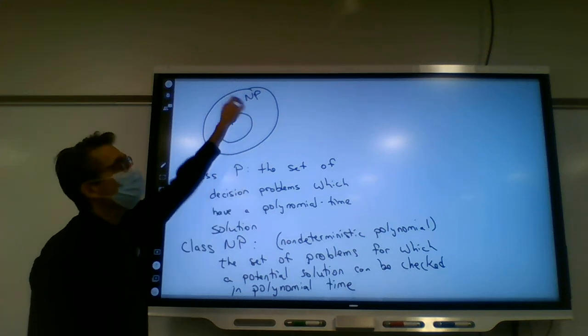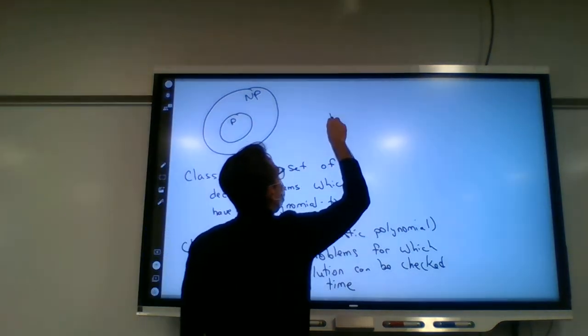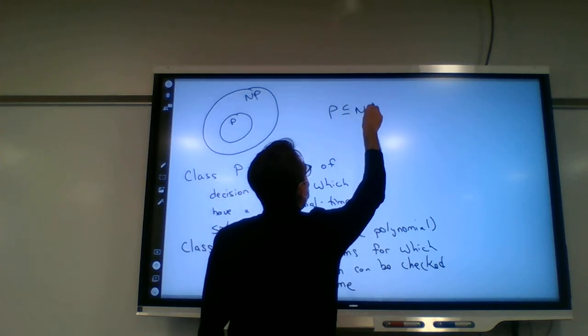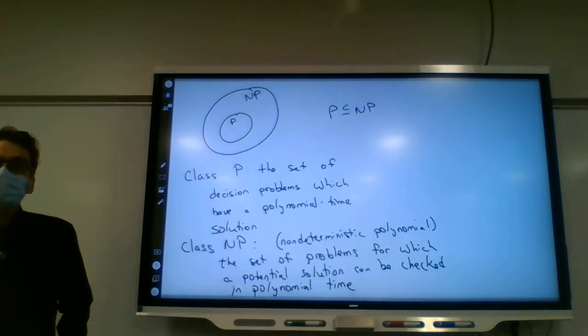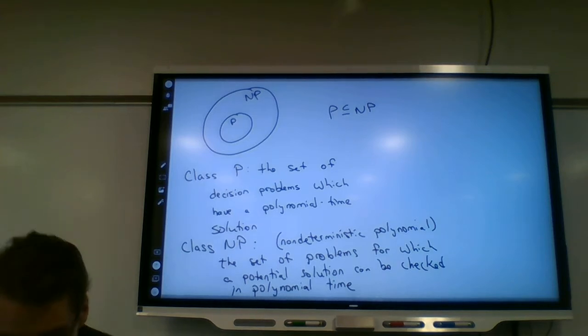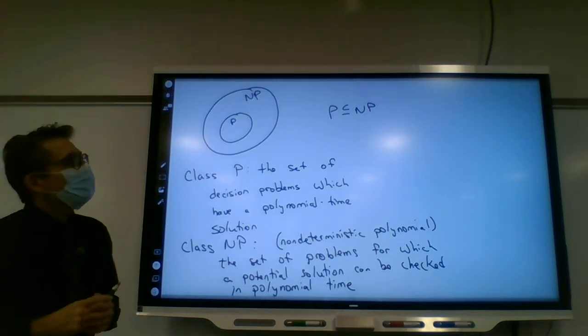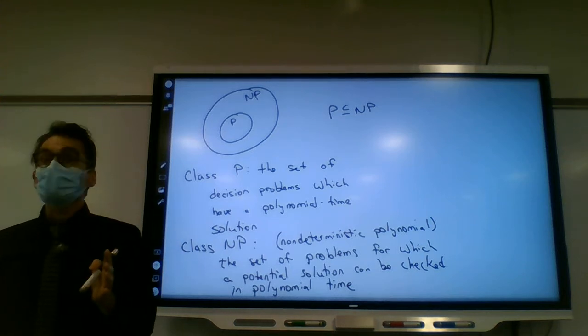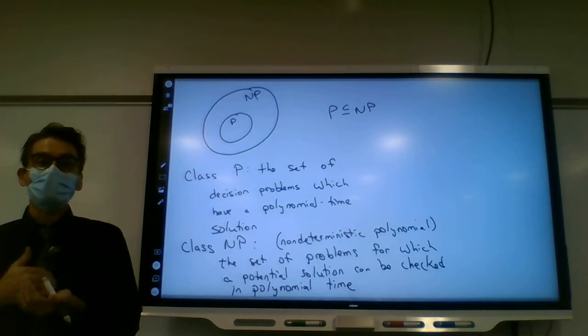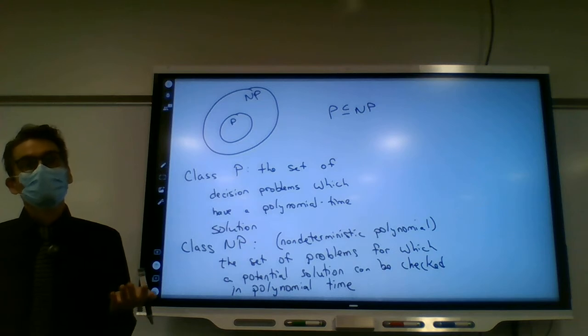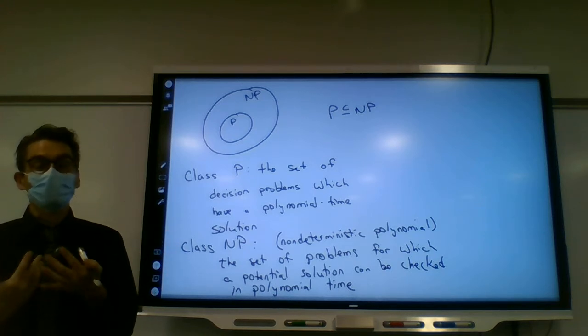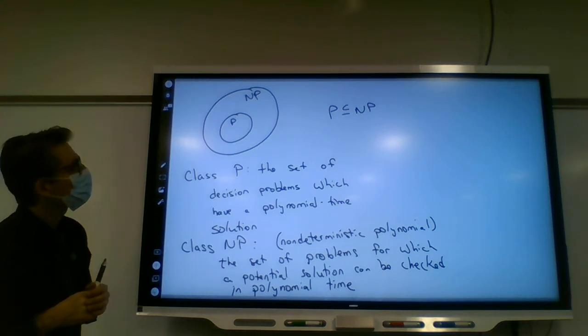So the class P is contained inside the class NP. All right. If you can solve it quickly, then certainly you can check it. You check a potential solution just by solving it and comparing.